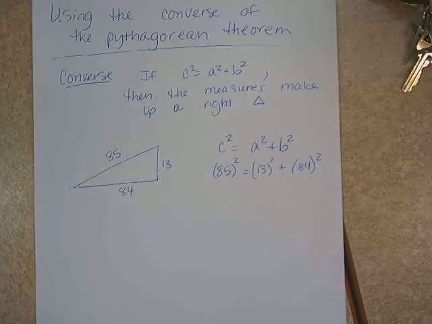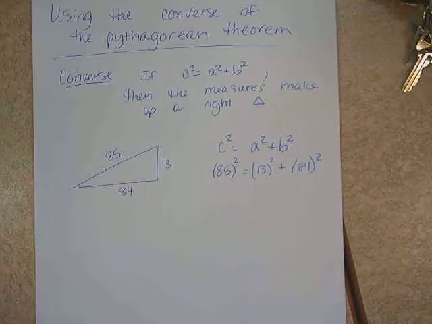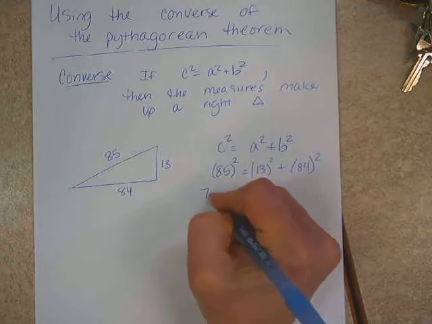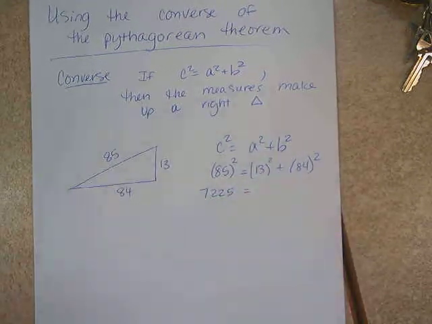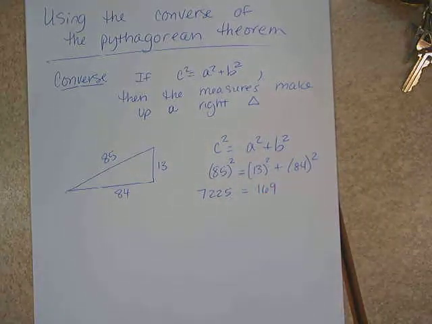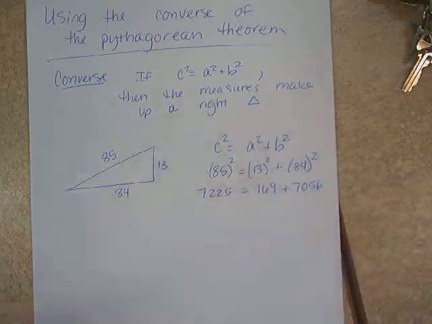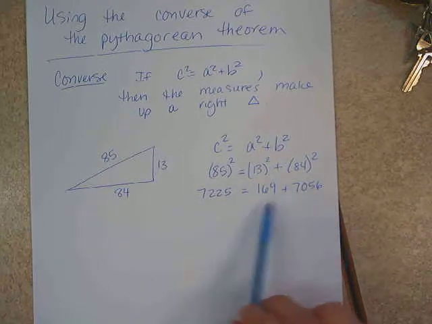So it's just a matter of showing those calculations to show that you're just plugging in. So 85 squared is 7225. 13 squared is 169. And 84 squared is 7,056.